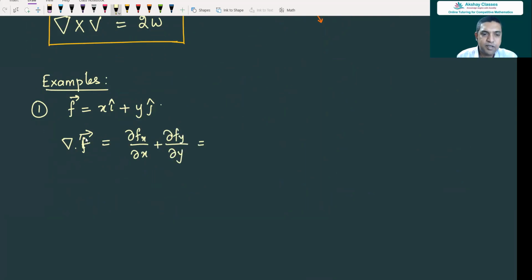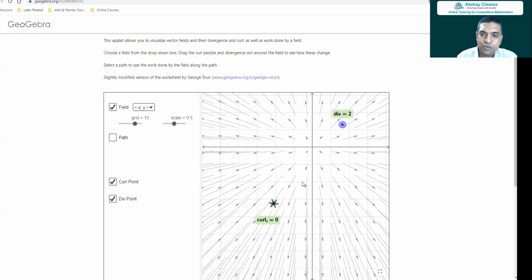When you do the dot product, dou x by x is 1. The y component is y, and dou y by dou y is 1. So the divergence is 2, irrespective of i, j. The divergence is 2 throughout this field.